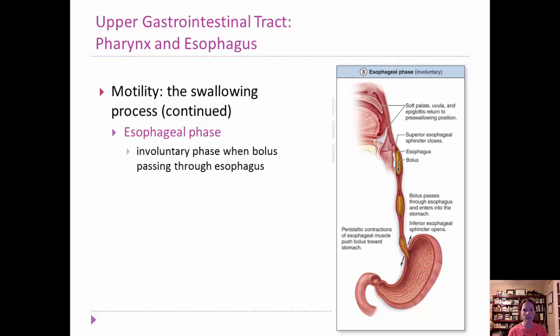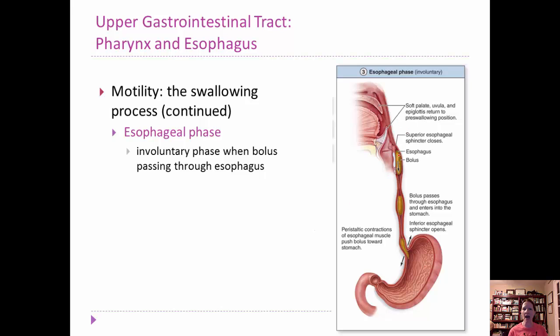So here's the esophageal phase. This is another involuntary phase when the bolus of food passes the esophagus. As it goes into the esophagus, the uvula, the soft palate, and the epiglottis all return to their normal pre-swallowing conditions. So now it is open and you can breathe again.